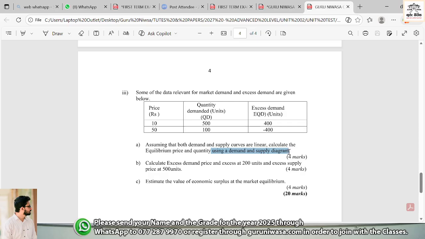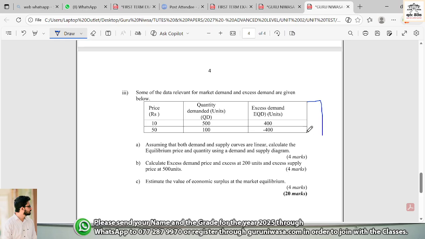No need to do the excess demand diagram. But here you have to calculate supply. Add a new column called supply.